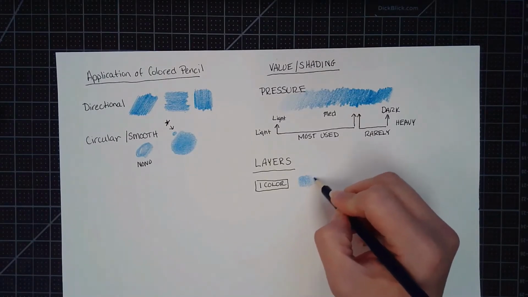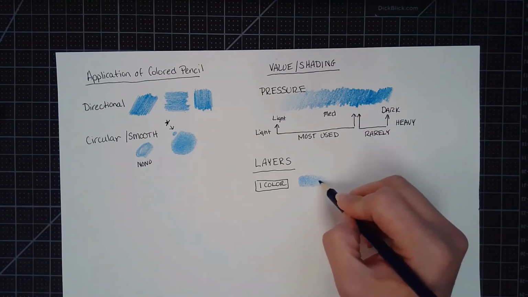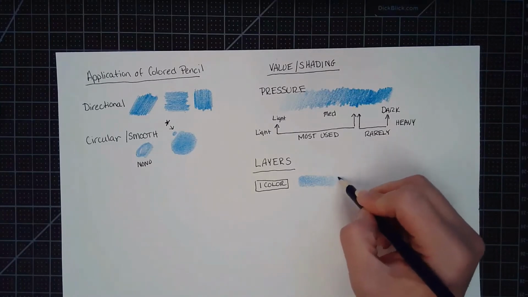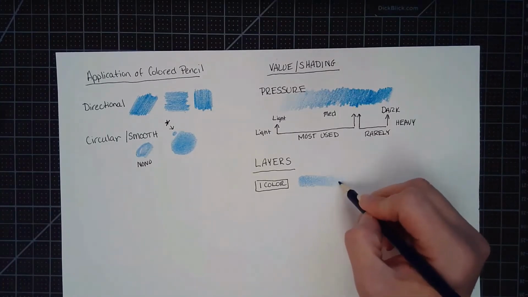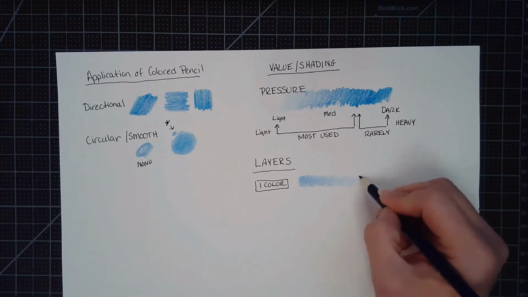So that means I am going to ease up on my pressure as I come across here. So this is very similar to what we just did above with pressure, only using the circular shading technique.